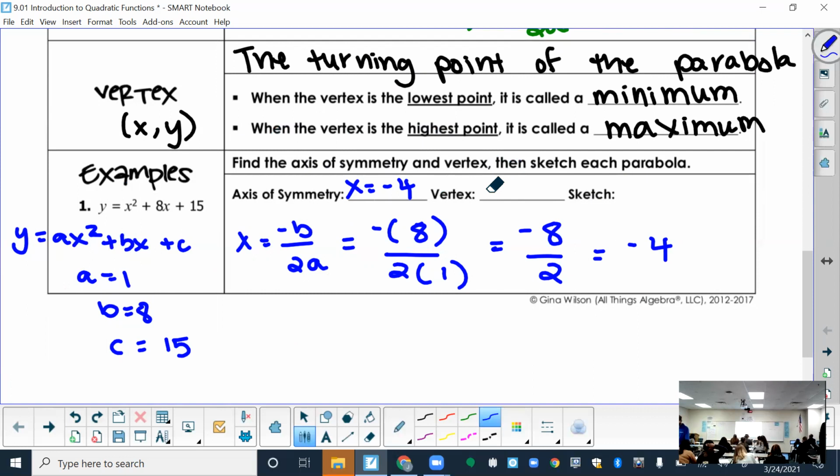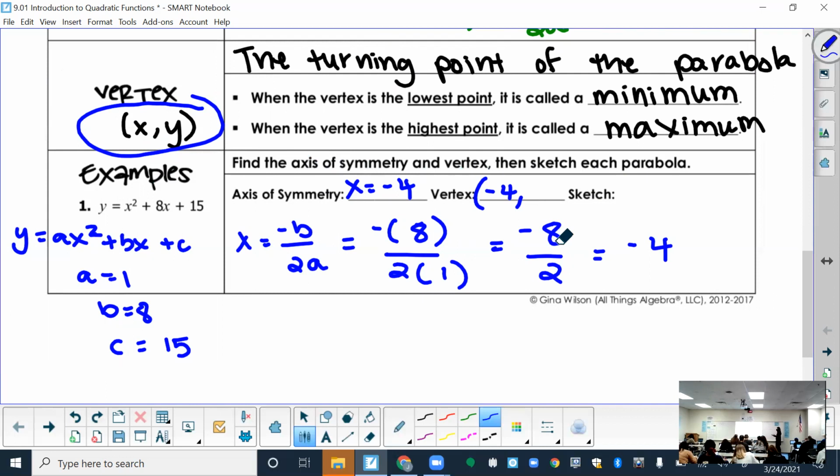For this, you're going to have to reflect back to semester 1. The vertex, we said, is x comma y, and we do know what the x value is. What is the x value? It is -4. And we know that because we solved for it when we did axis of symmetry.